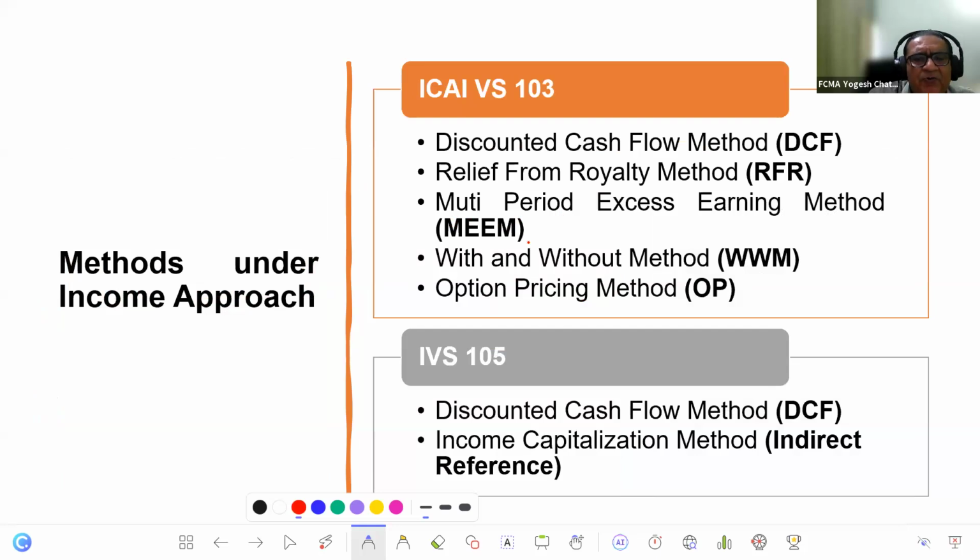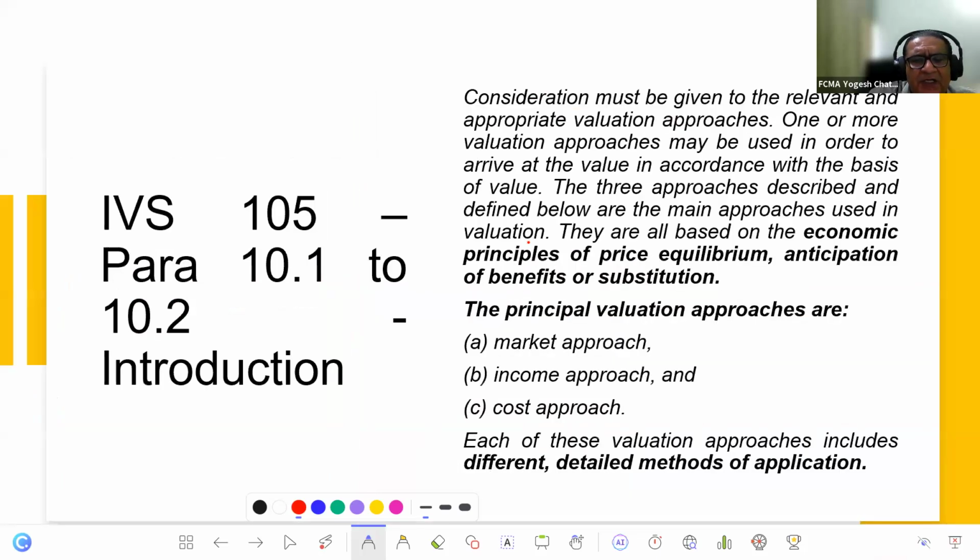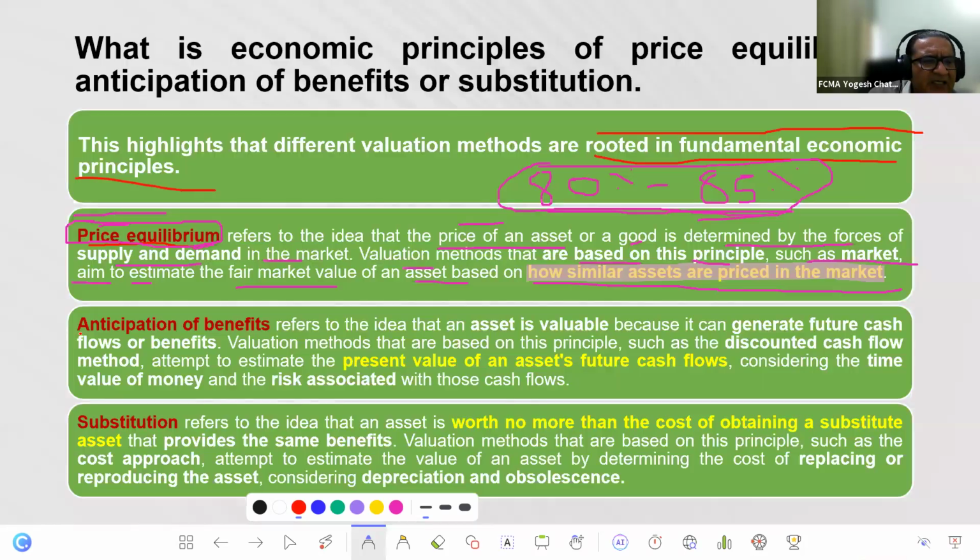And if we go to the fundamental economic principle behind the income approach, that is anticipation of benefit. When we are talking about an asset, normally we do the valuation of an asset, and what is the meaning of an asset? It is resources to generate future economic benefit.